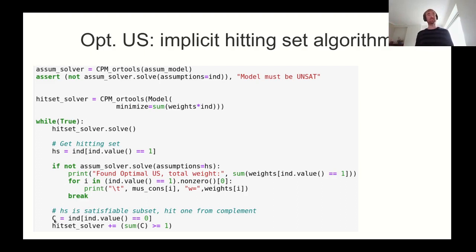And if it is not, then you know that it's actually a satisfiable subset, meaning that of the complement of it, at least one of those has to be unsatisfiable. So you need to find a new hitting set that hits at least one of those elements in the complement. So you build the complement, you add this to the hitting set solver, and you continue. Okay, so this is an implicit hitting set algorithm in CPMpy.